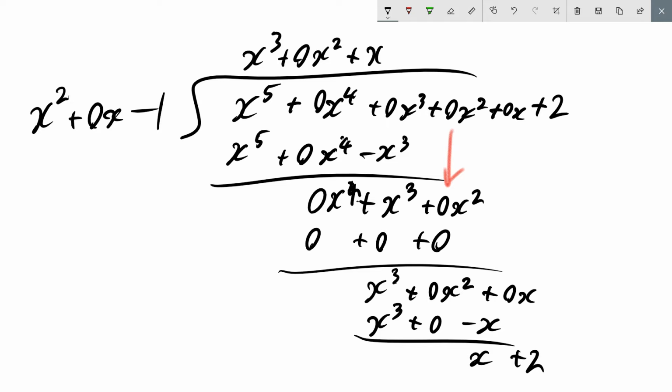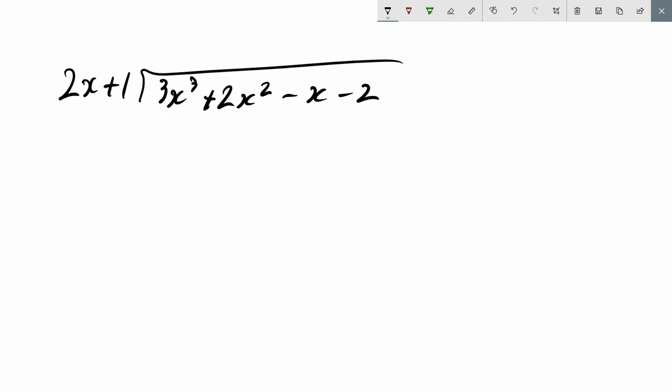There's no constant term. That's 0. I can go on further if I need to, but see that this step here wasn't really needed. I could have jumped from this step all the way down here if I wanted to. Right? I'm going to do that skip now and just say that is my remainder. So my remainder is now x plus 2.